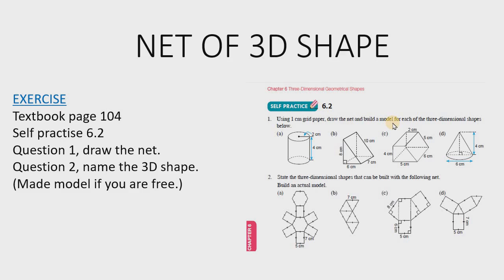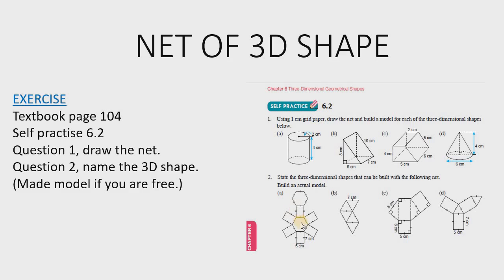For building the model, maybe we can do it later in school. Question number 1 asks you to use grid paper. Never mind, you can just consider your Maths 1 exercise book as grid paper, that is 1 centimeter grid paper. Just consider the square in your exercise book as a 1 centimeter by 1 centimeter square. I hope you understand.